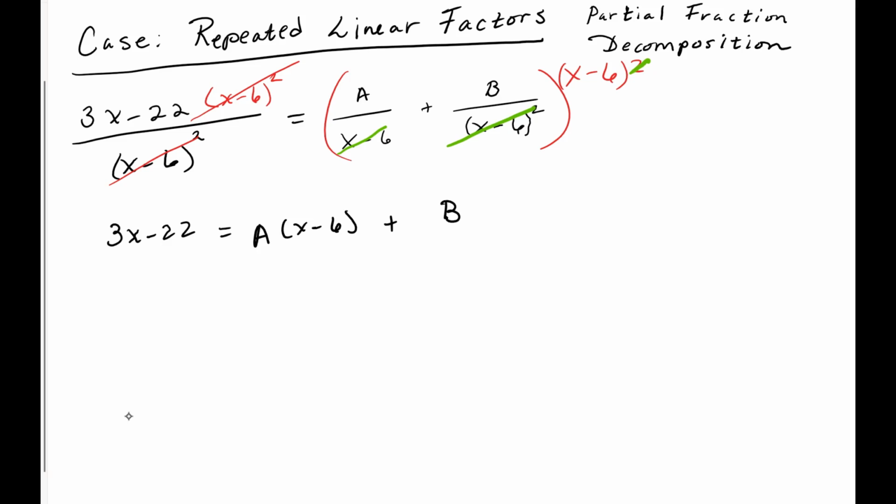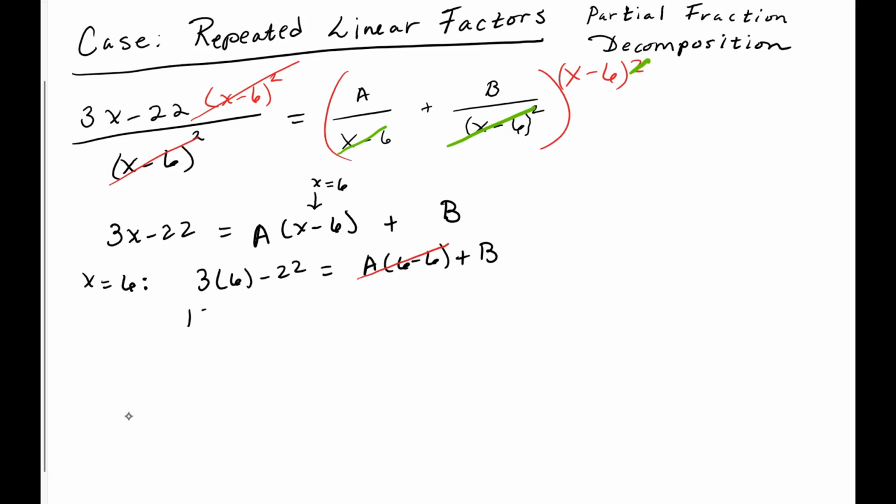So it looks something like that. All right, now we go back to discussing wise choices for x. What can we pick for x that might help solve for either A or B? Well, if x minus 6 equals 0, x equals 6, so if we plug in x equals 6, that will actually help me solve for B. So let's do it. 3 times 6 minus 22 equals A times 6 minus 6 plus B. So 6 minus 6 is 0 times A, that's 0, and the A component is gone.